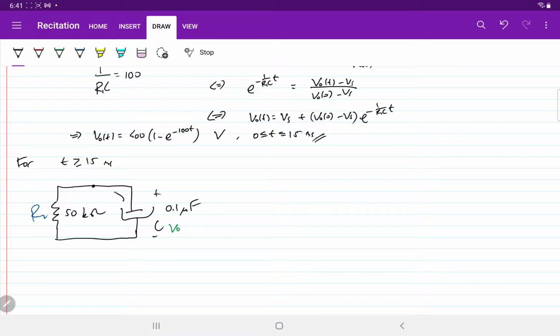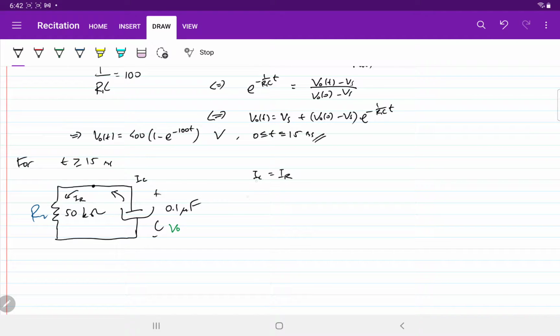This is the current given by the capacitor, IC, and this is the current flowing through the resistor, IR. By KCL, Kirchhoff's current law, IC must be equal to IR.